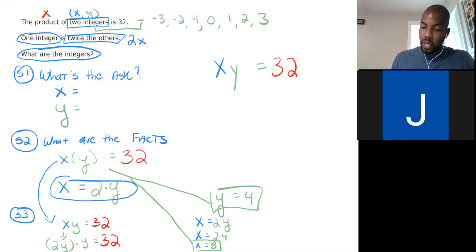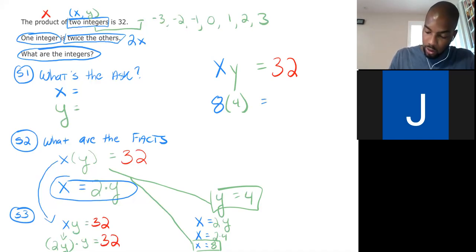One integer is twice the other. Well, if the integer for y is in fact 4, then the other integer should be 2 times 4, or twice 4, which is 8, is what we said we had. Let's see, is 8 times 4, 32?